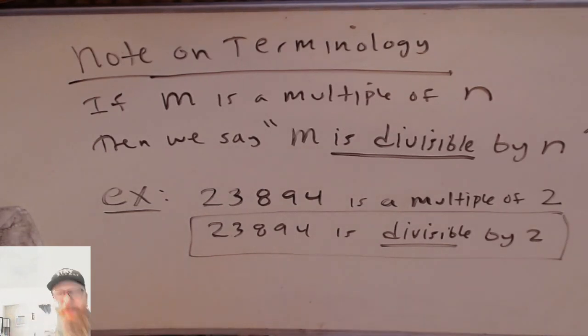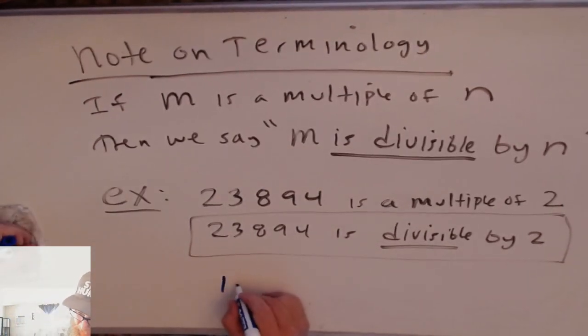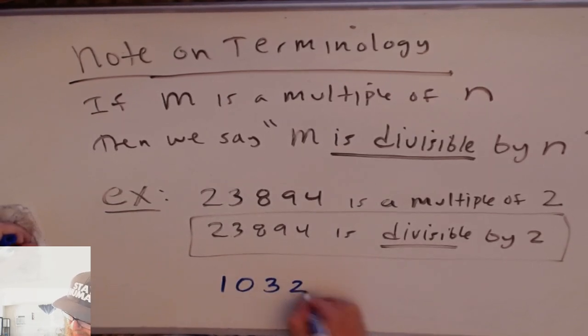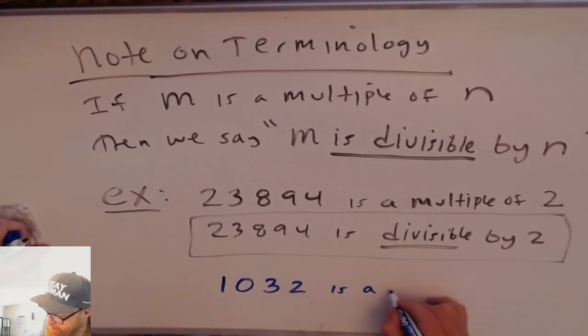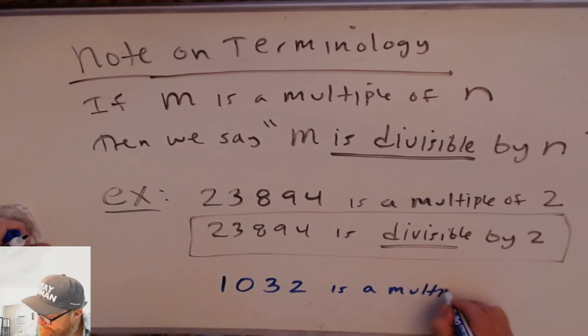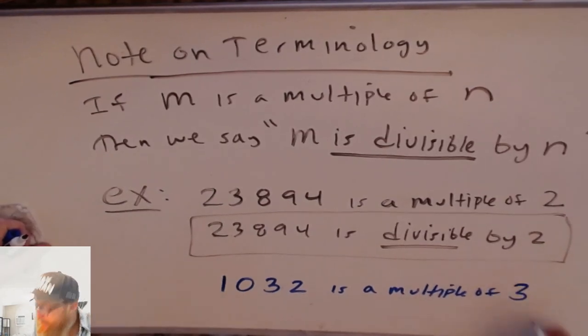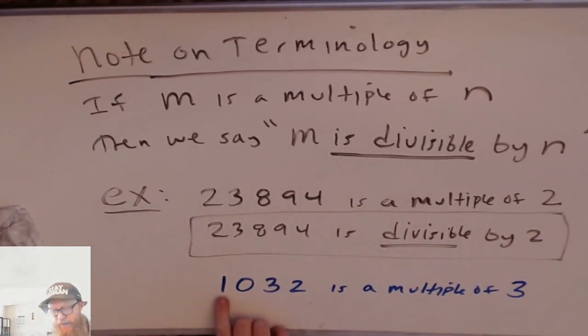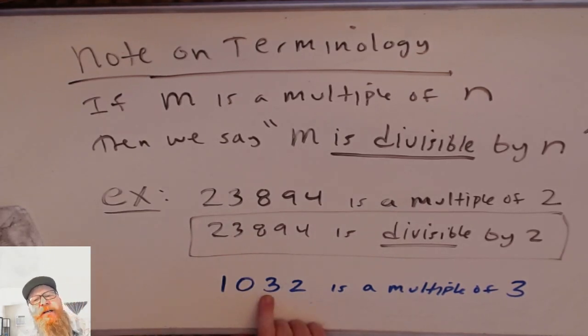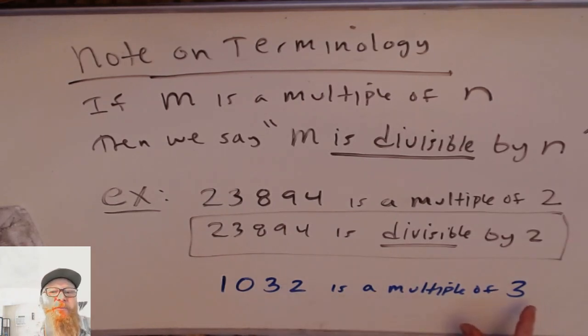Maybe let's try another one. 1032 is a multiple of 3. If you don't believe me, do it. 1 plus 0 is 1, plus 3 is 4, plus 2 is 6. 6 is a multiple of 3. Well, then so is that.